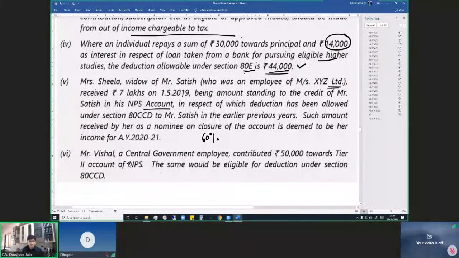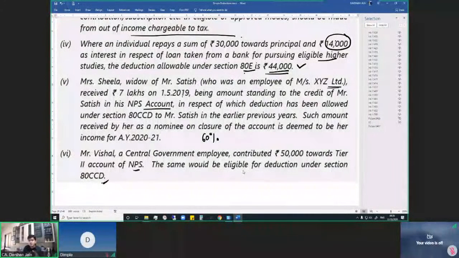Thereafter, Mr. Vishal, a central government employee, contributed rupees 50,000 towards Tier 2 account of NPS. The same would be eligible for deduction under Section 80CCD. Whether a central government employee's contribution to the Tier 2 account would be available as deduction?